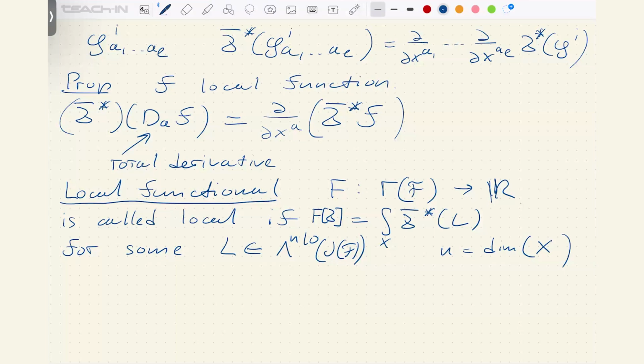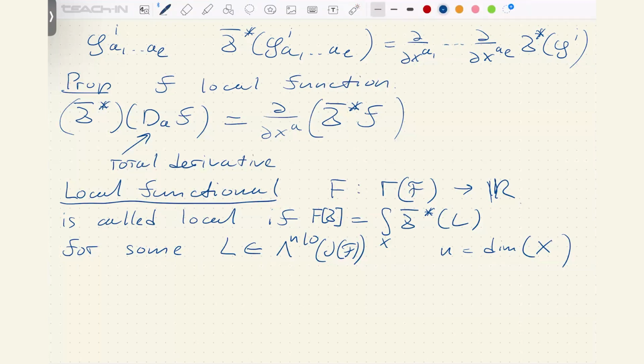But if we are again on a compact space, or our boundary conditions at infinity are such that all our fields vanish at infinity, then we know that in this integral, total derivatives do not play a role, right?